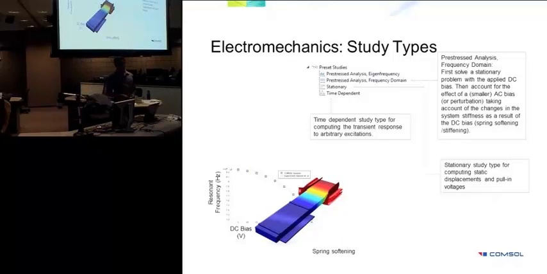Similarly, pre-stress eigenfrequency calculations, which basically means that if you do a calculation without pre-stress or without DC bias, and a calculation with pre-stress or with DC bias, you'll notice that the resonance frequencies will change or shift. That's because of the DC bias or the effect of the stationary field within the solid or the material around the solid, the fluid.